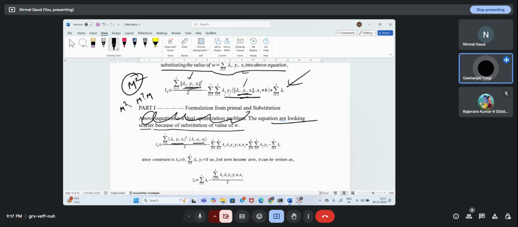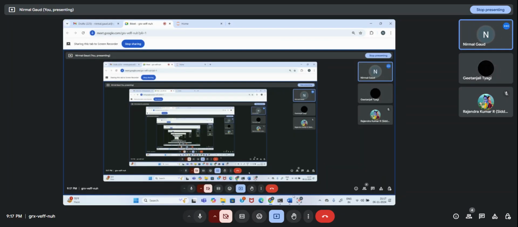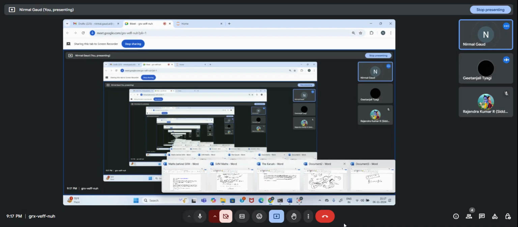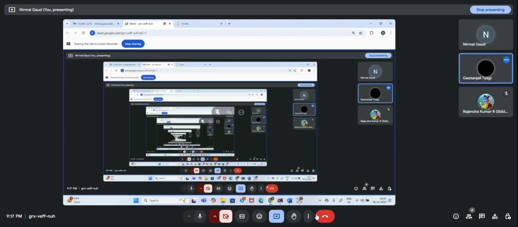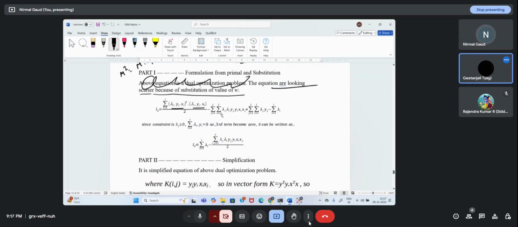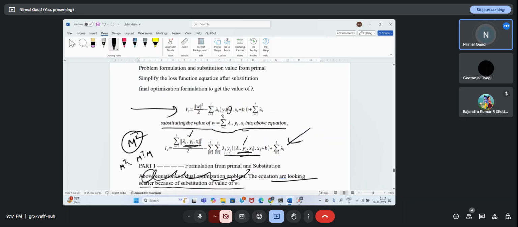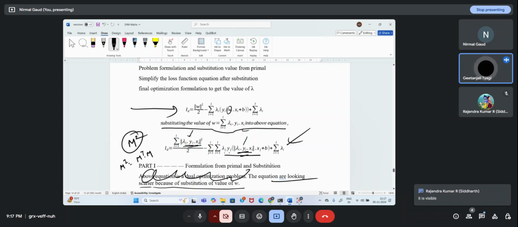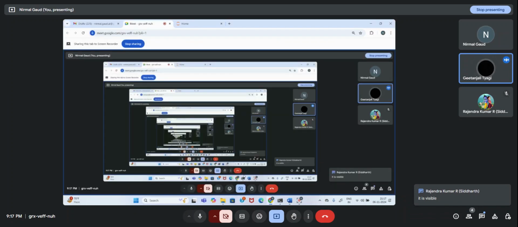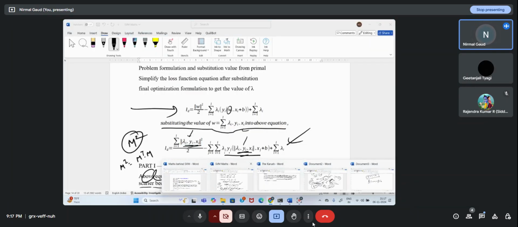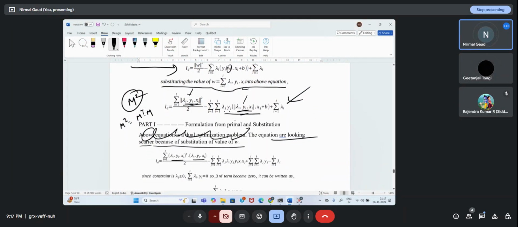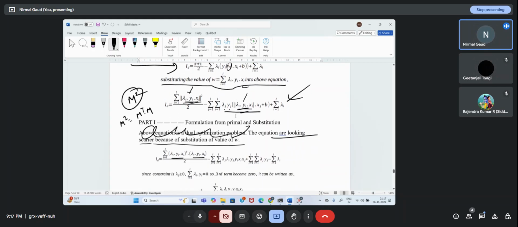Sir, the screen is not visible. I have shared the entire screen. You can see this is the screen now. Can you see this screen? It was visible previously also. Ma'am, I think it got frozen at your end. This is the screen, ma'am, that's what I'm showing.